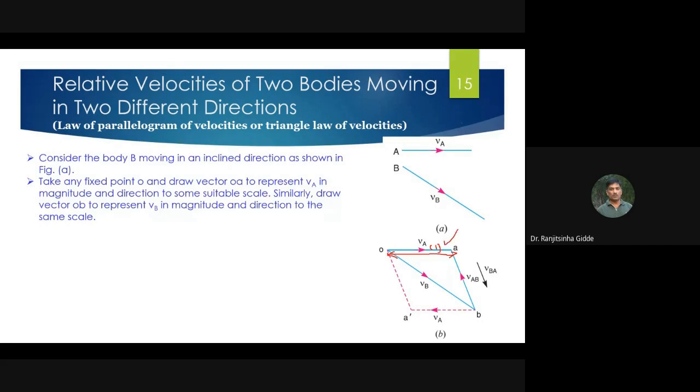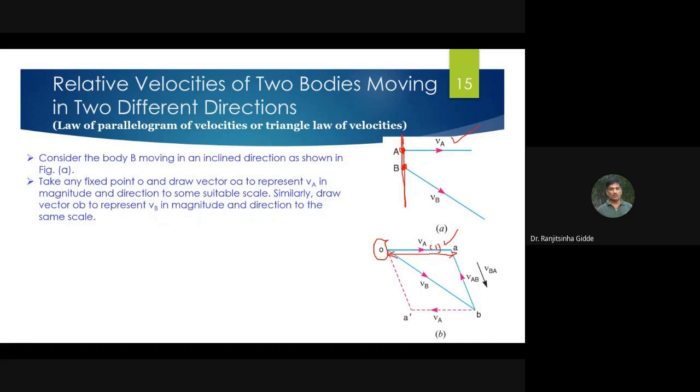Now what is the next step? With respect to this reference, this is the reference for A and this is the reference for B. So we can have the same starting point. We have drawn this OA in the direction similar to this VA.